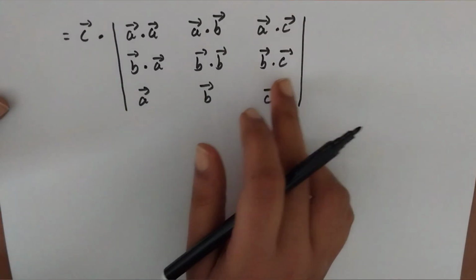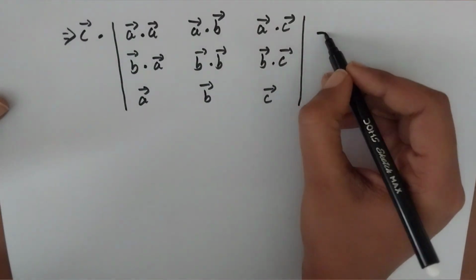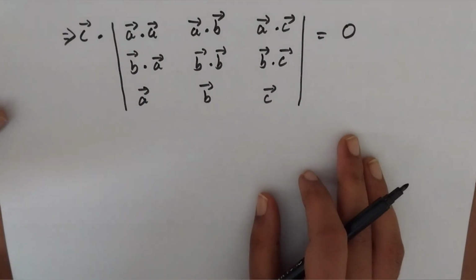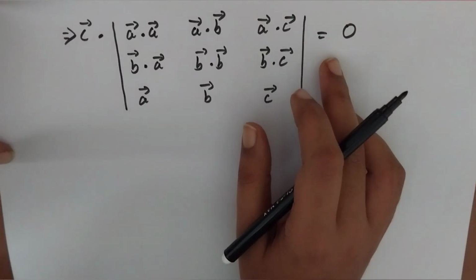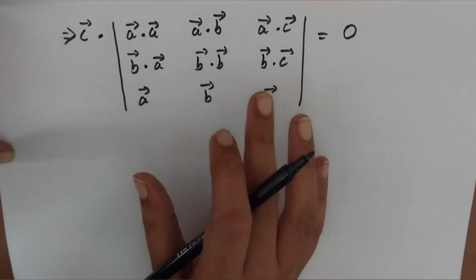So this is equal to 0. So this implies this is equal to 0. Now vector C cannot be 0. So this determinant can be 0 but vector C cannot be 0.